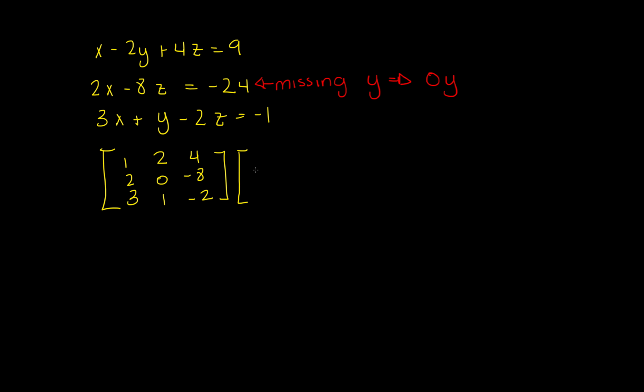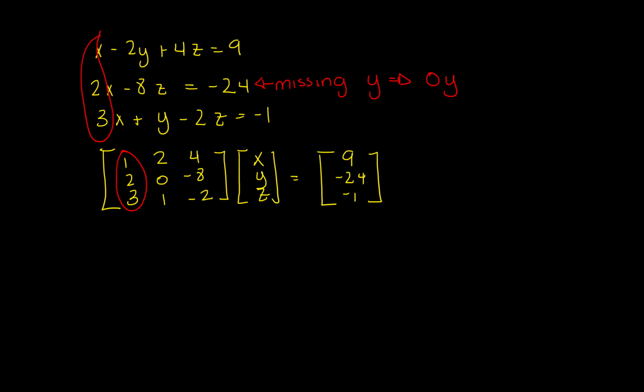Now we're going to write our second matrix, x, y, and z, to show our matrix right out here. And then our solutions, 9, negative 24, and negative 1. So again, these guys are represented here.